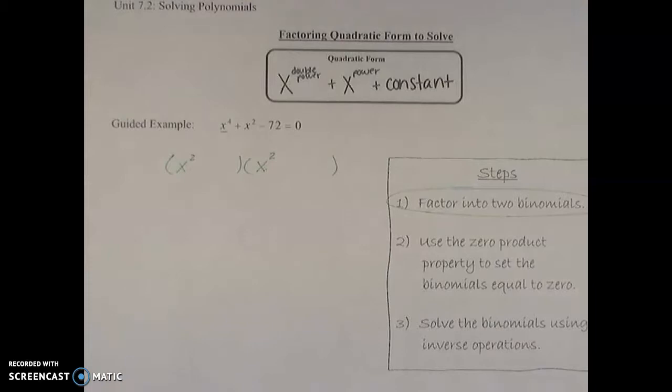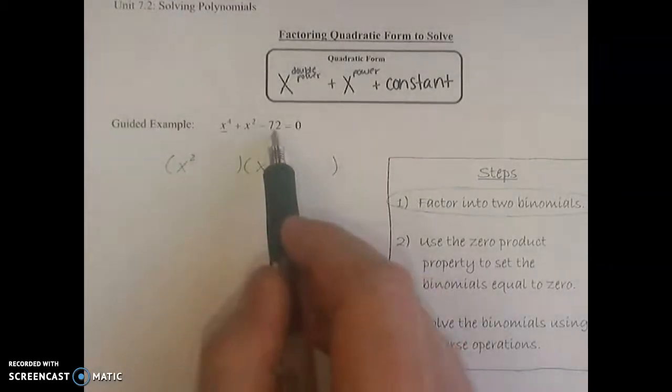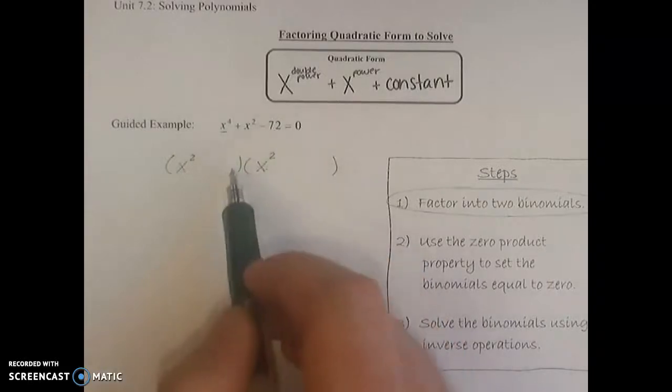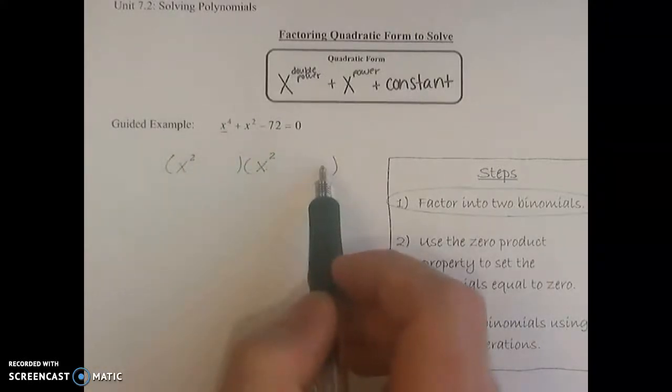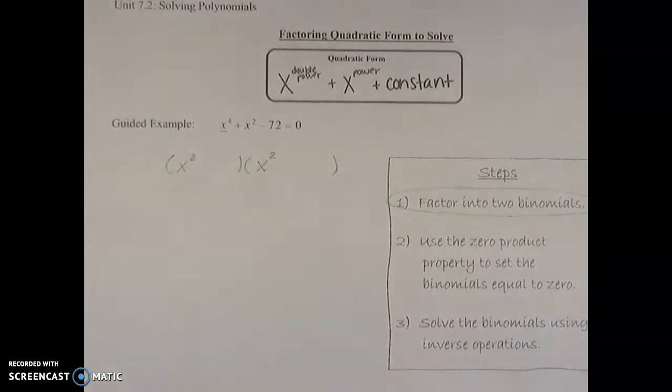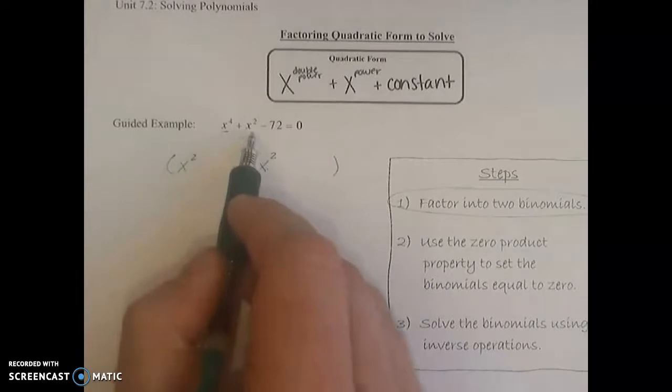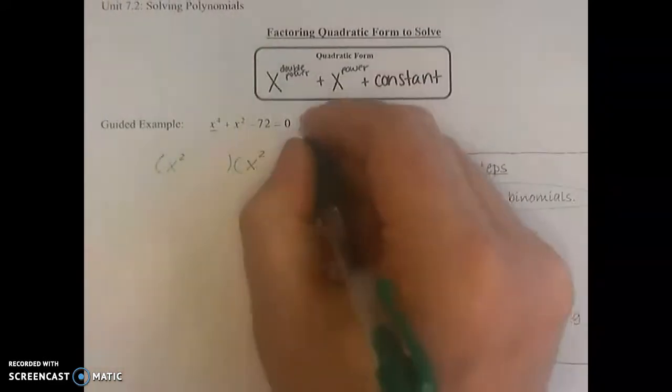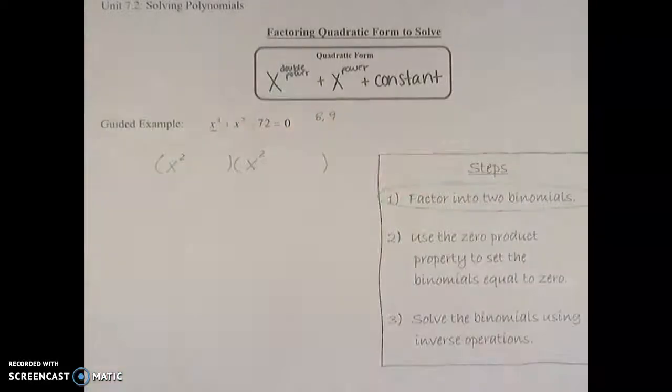And then just like our factoring and all that work we did back in Unit 4, we're looking for two numbers that multiply to be negative 72 to go here and here. So we have lots of options. We have 36 and 2, 72 and 1. The ones that are going to work here, and maybe noticing that this is a very small number, in fact a 1x squared, would lead us maybe to choosing 8 and 9 as our options.